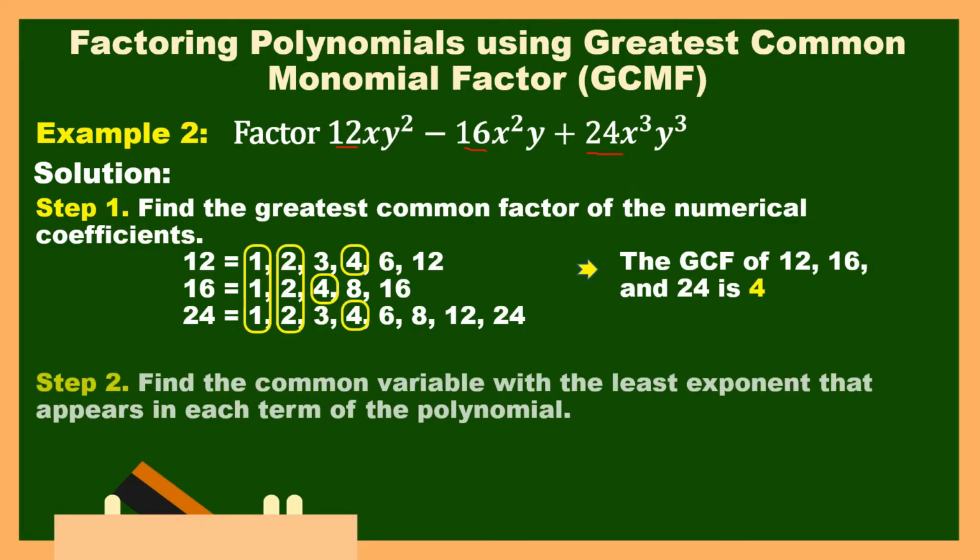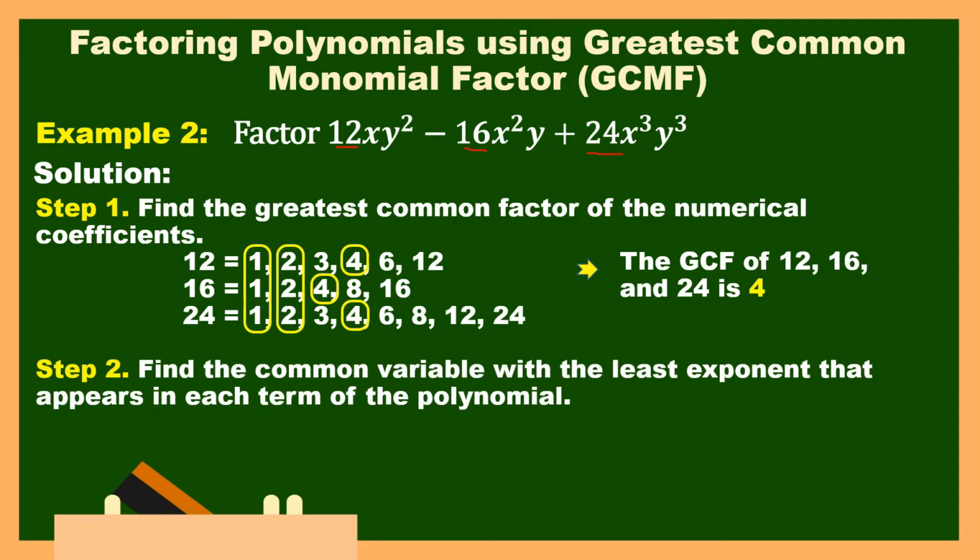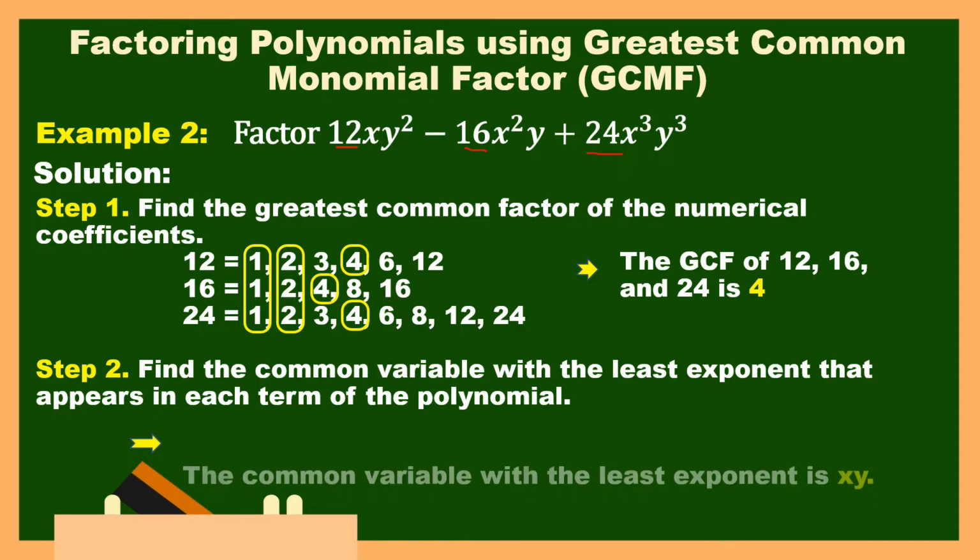In step 2, find the common variable with the least exponent that appears in each term of the polynomial. So, hanapin daw natin yung common na variable na merong pinakamababang exponent. So, the common variable with the least exponent is xy.